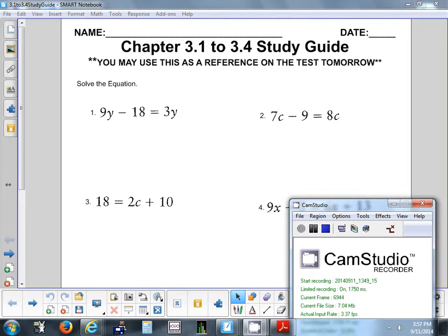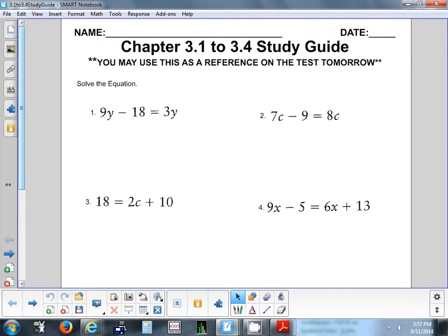Okay, guys, for homework tonight, this is going to be your worksheet that you're seeing right here.